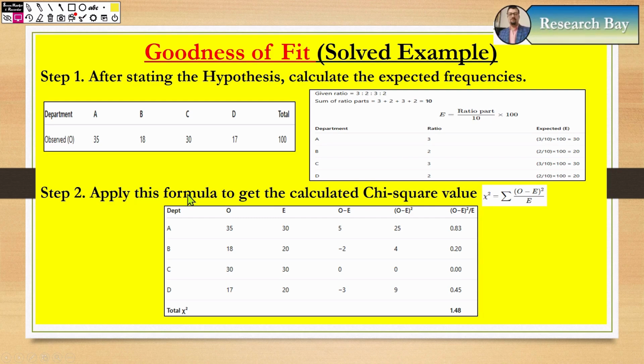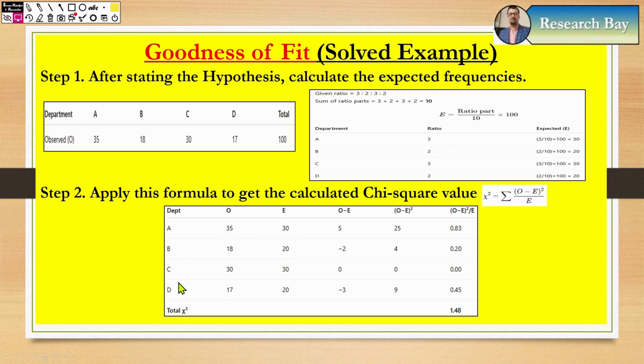Now, we apply this formula to get the calculated chi-square value. This is the formula: summation of observed minus expected frequency, squared, divided by expected frequency. How to do it? For instance, we look at department A. Observed is 35, which is given to us. We put it over here. Expected we have calculated, for department A, 30, as per the ratio which was given to us.